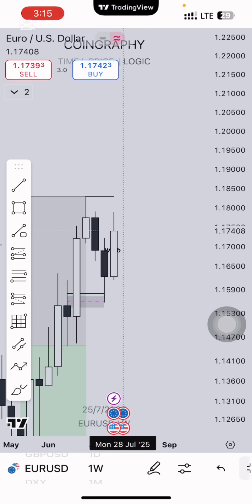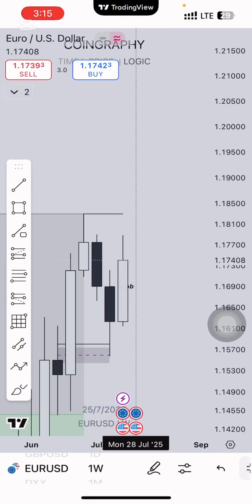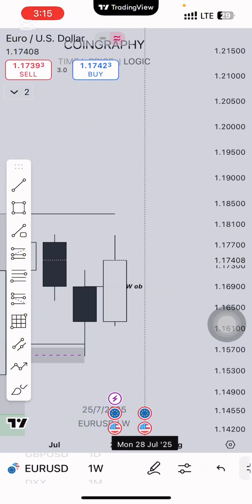As you can see on the weekly time frame, we have a weekly order block to the upside, which shows bullish momentum, creating key levels to show that we are moving higher. So where is my draw on liquidity?